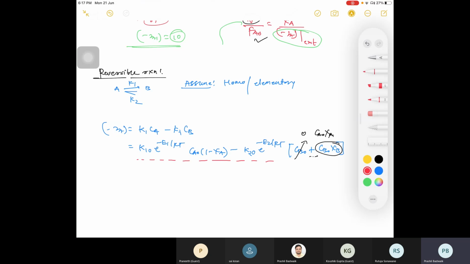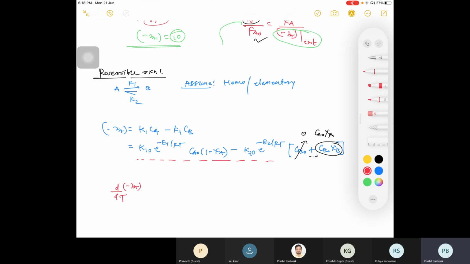Now I need to find out how your rate is varying with respect to temperature, right? Your d by dT of minus Ra. Here you write T as capital T, that is your temperature. But for this, you need to consider what?